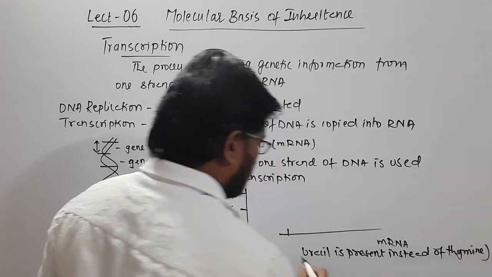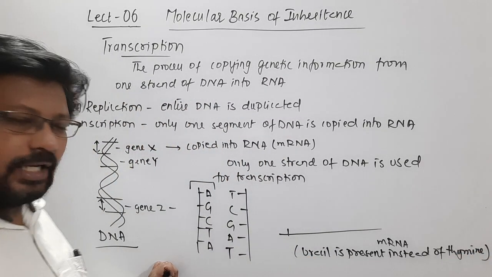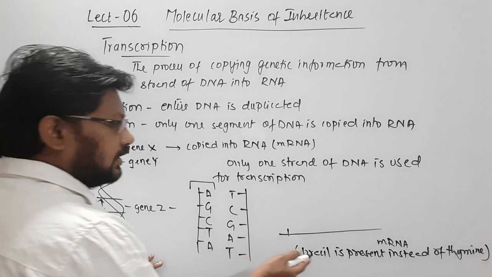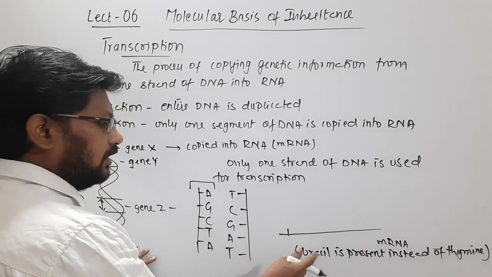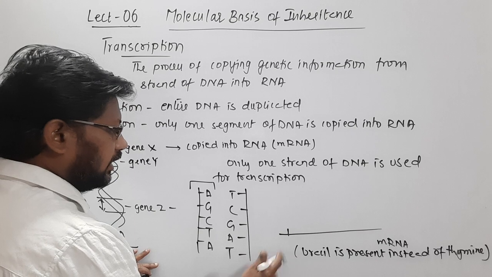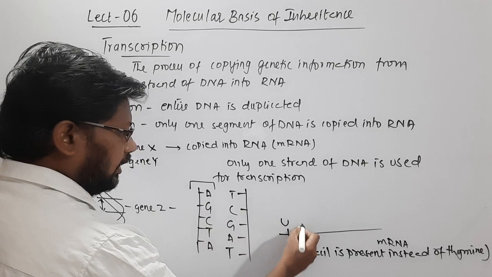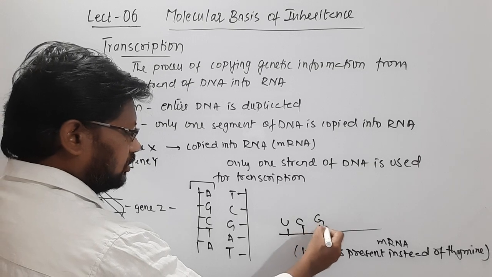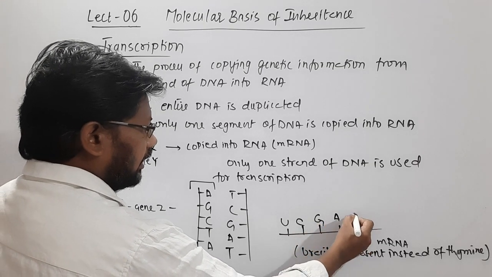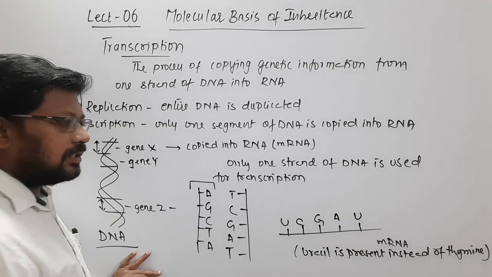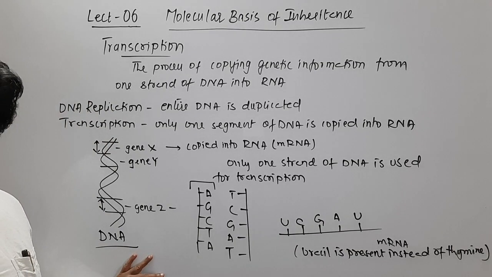So thymine is seen only in the DNA molecule, whereas instead of thymine, uracil is seen in mRNA. So hence I need to mention here U. For this G, it will be C, then G, A, then U. So this is the sequence on mRNA.